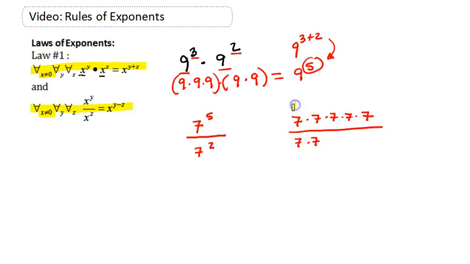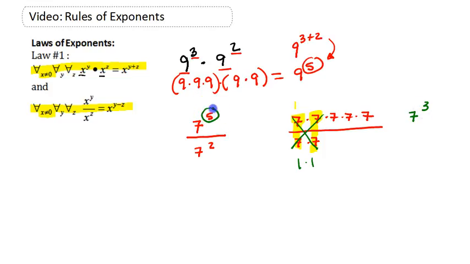Now you'll notice here I have 2 pairs of 7s. Well, we know 7 over 7 is equal to 1. So these both equal 1. When you multiply something by 1, it leaves it the same number. So in a way, these cancel out, and I'm left with three 7s, which gives me 7 to the third.